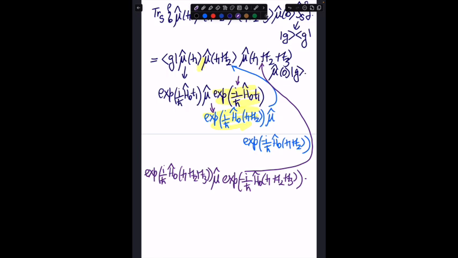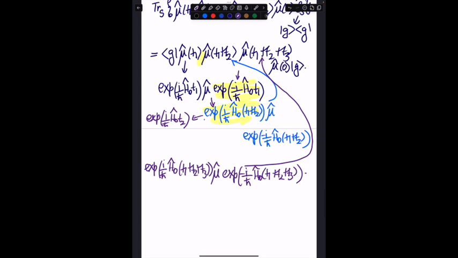What I mean to say is here what you end up getting is just exponential i upon h bar h0 t2, which can be seen very clearly. A way to think about this logically is that this propagates your system backward in time over t1 plus t2, and then this propagates your system forward in time over t1.